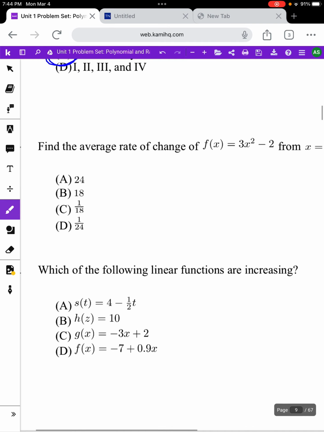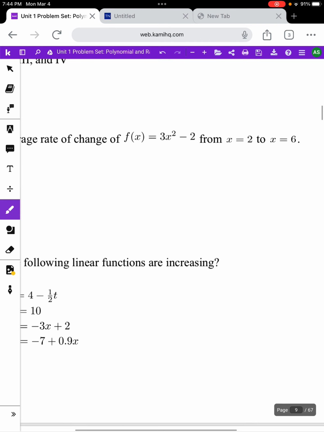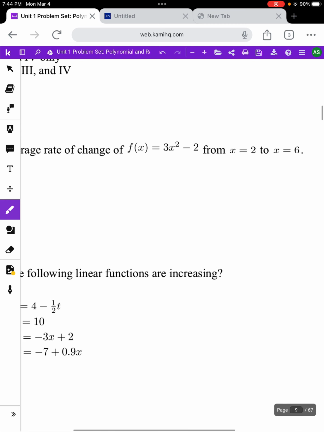Find the average rate of change of f of x, 3x squared minus 2 from x equals 2 to x equals 6.